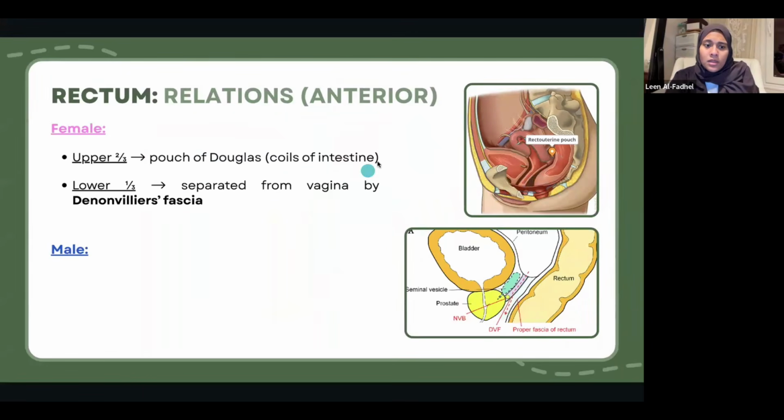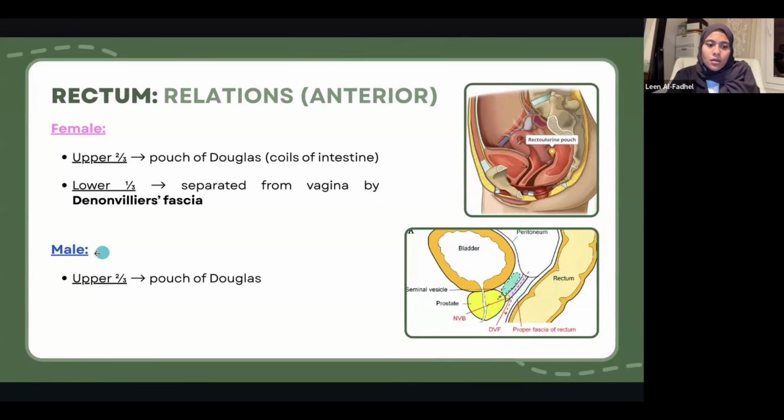Same thing. Now, the lower 1/3 is basically separate. The rectum in the lower 1/3 is separated from the vagina by Denonvilliers fascia. I'll explain it more on this diagram, but this diagram is for males. If you just imagine that you have a uterus and then a vagina here, this is going to be a female.